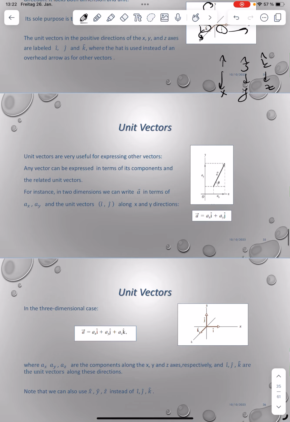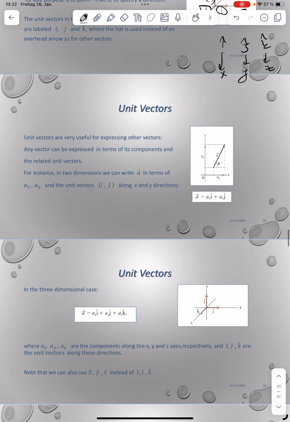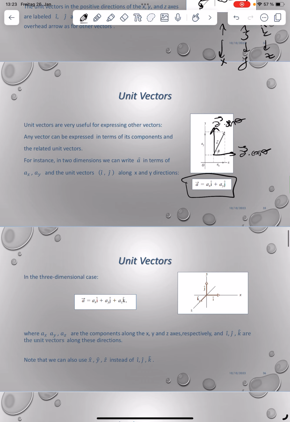So we can represent the vectors as this. It is the a vector times cosine theta, and the a vector times sine theta. So it is in the x-axis, so I can add i hat, and this is in the y-axis, so I can add j hat.